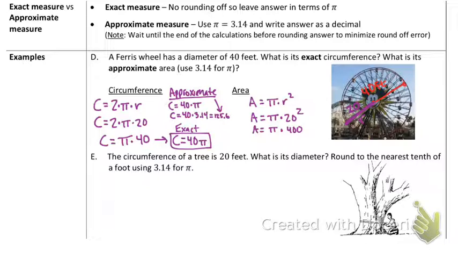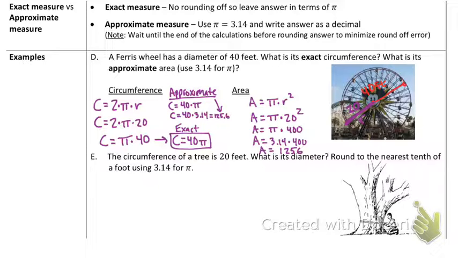And again, we want the approximate, so we are actually going to multiply this out, which is 3.14 times 400. So the approximate area is going to be 1,256. All right. So again, this was because we needed approximate.